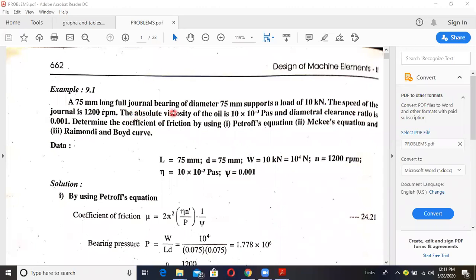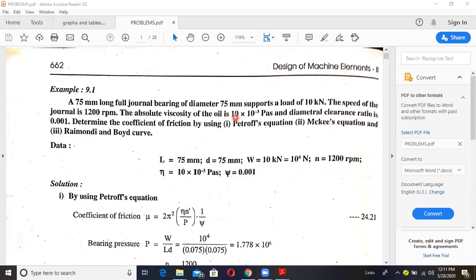The absolute viscosity of the oil is 10 into 10 to the power of minus 3 Pas. That is the viscosity of the oil they directly gave, which we always represent with the notation eta, and it should always be in Pas.